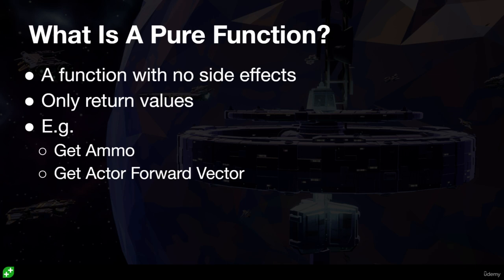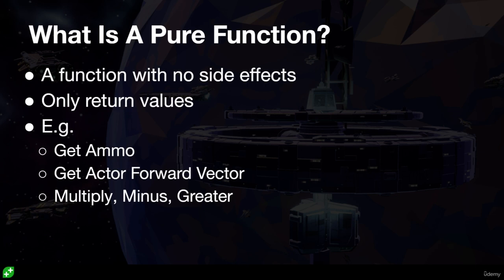Get actor forward vector. That's another one where you could get it as many times as you like. It's not going to change anything until you do something with the value returned. And all these mathematical functions like multiply, minus, greater, all of these nodes don't have an effect on your project until their results are used for some greater purpose.